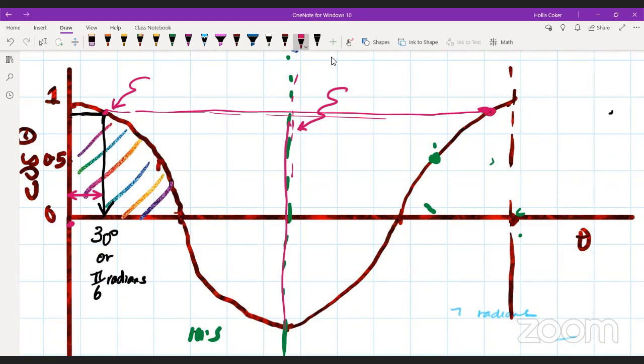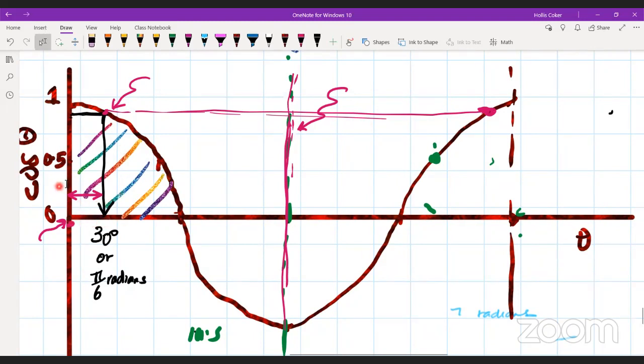If I fold the graph, make a crease along this line, and then fold so that this line falls on that line, then this dot will fall on that dot here. Yes. And if this is 0 here, and this is pi on 6 radians, the distance between here and here is 30 degrees or pi on 6 radians.